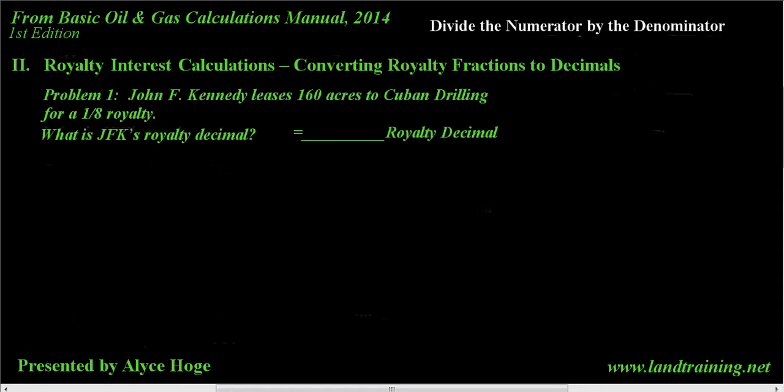Because with decimals, we can literally go out to the 8th decimal place and make sure that we pay that mineral owner correctly, exactly to the penny. So that's why we need to use decimals instead of fractions. So we take what's inserted into the lease and we convert that into a decimal. So let's look at how that's done.